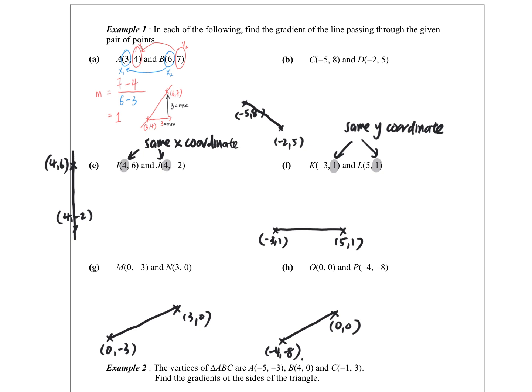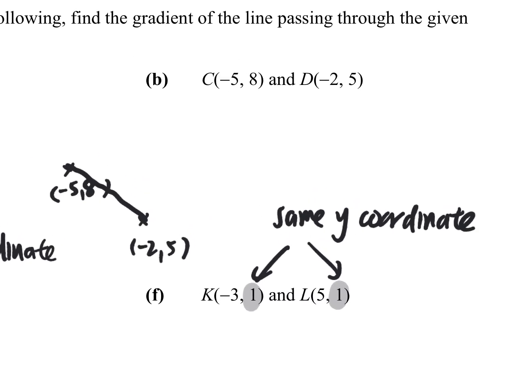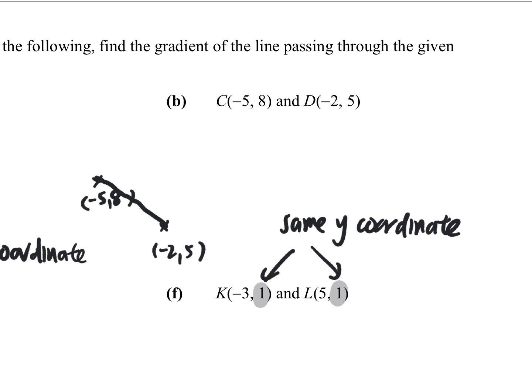Okay, let's run through. First thing first, if you plot out the points for part B, it looks like this. So you know it's a negative gradient. When we use the formula, it's y2 minus y1. It doesn't matter which is x1, y1, x2, y2.